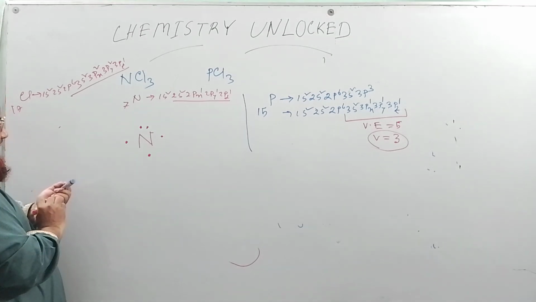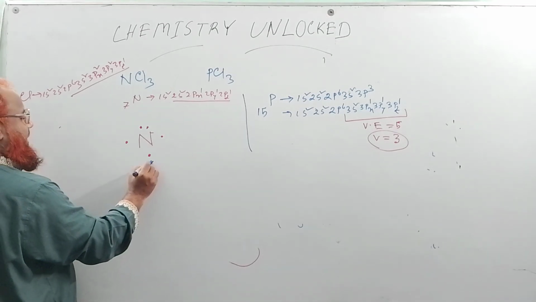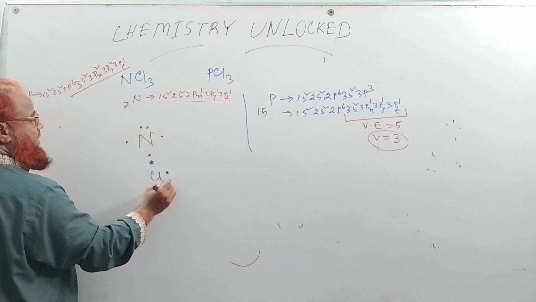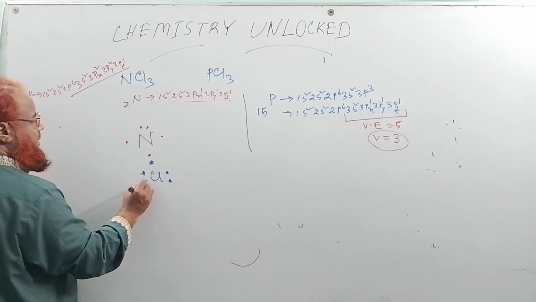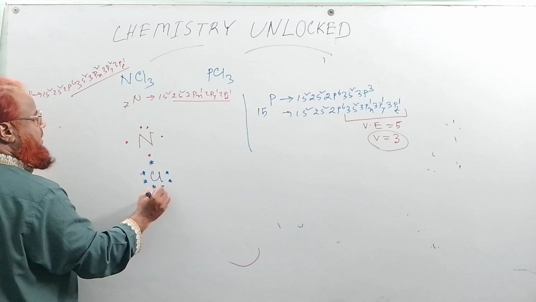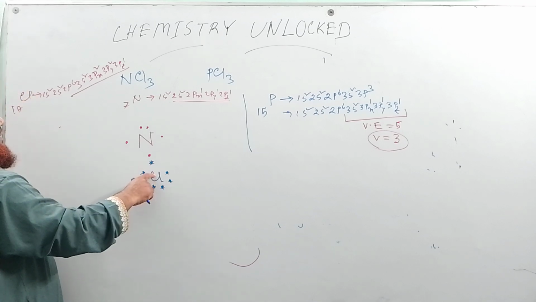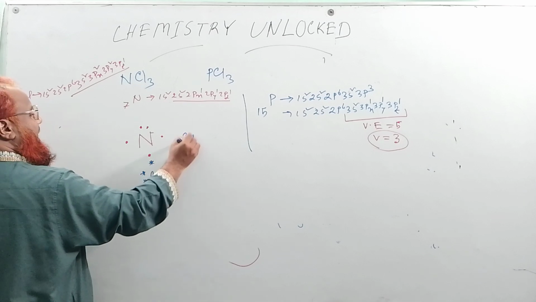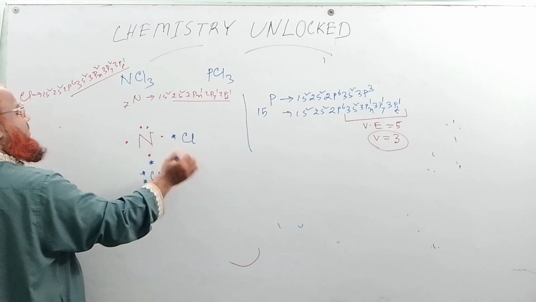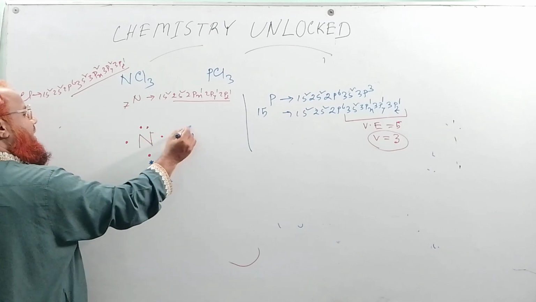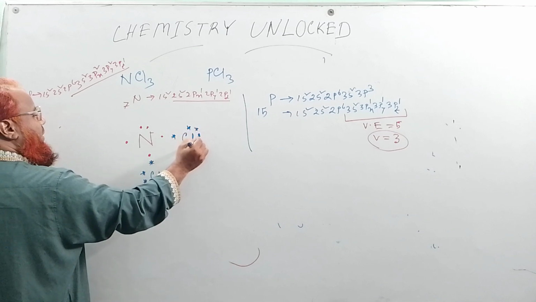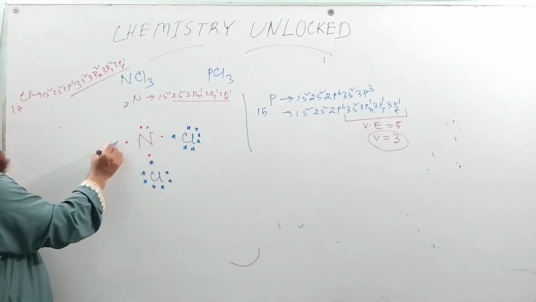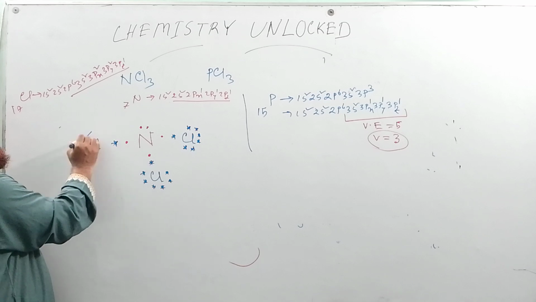So that 1 unpaired will be paired like this: chlorine, here chlorine, chlorine. So here chlorine shares its unpaired electron with the unpaired electron of nitrogen. Similarly, another chlorine shares its unpaired electron with the unpaired electron of nitrogen, and here the lone pair electrons are not participating in the bond formation. So this is the chlorine.